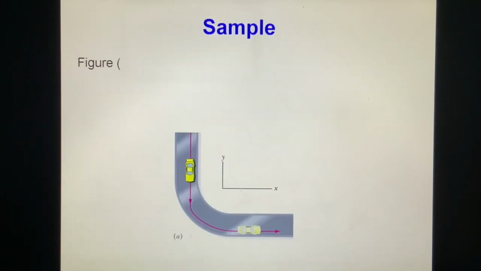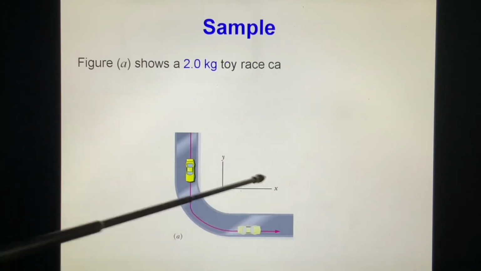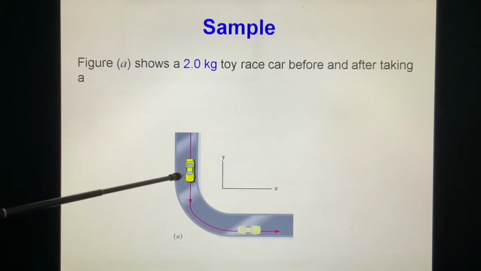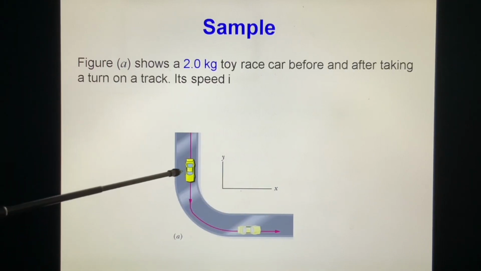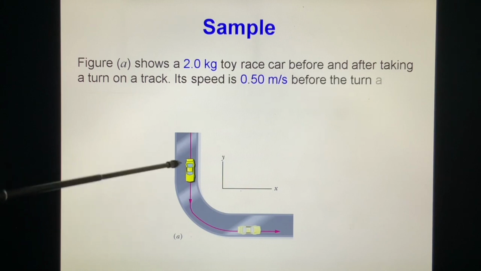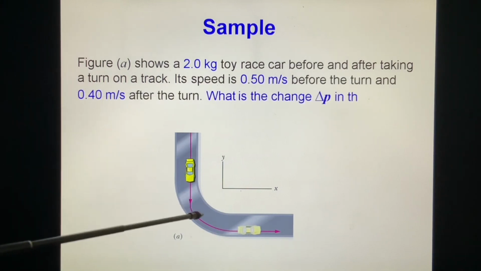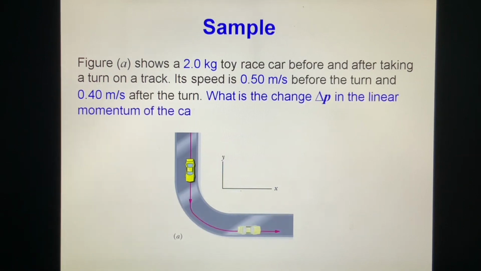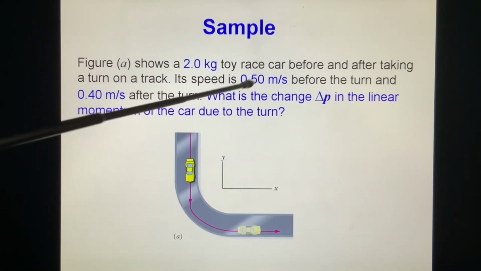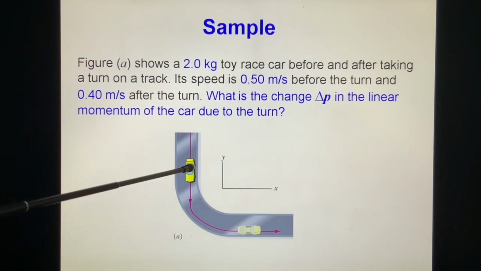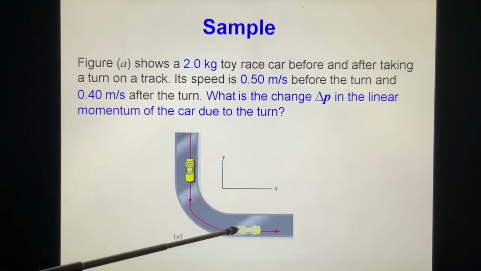Sample. The figure shows a 2.0 kilogram toy race car before and after taking a turn on a track. Its speed is 0.50 meters per second before the turn and 0.40 meters per second after the turn. What is the change delta p in the linear momentum of the car due to the turn?